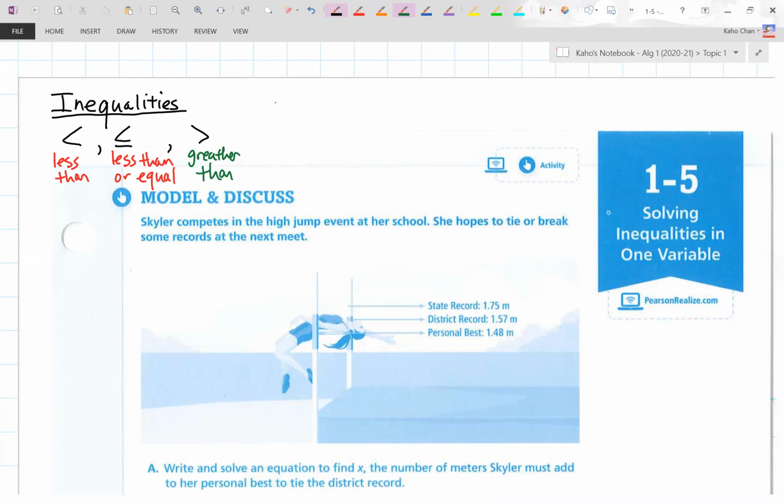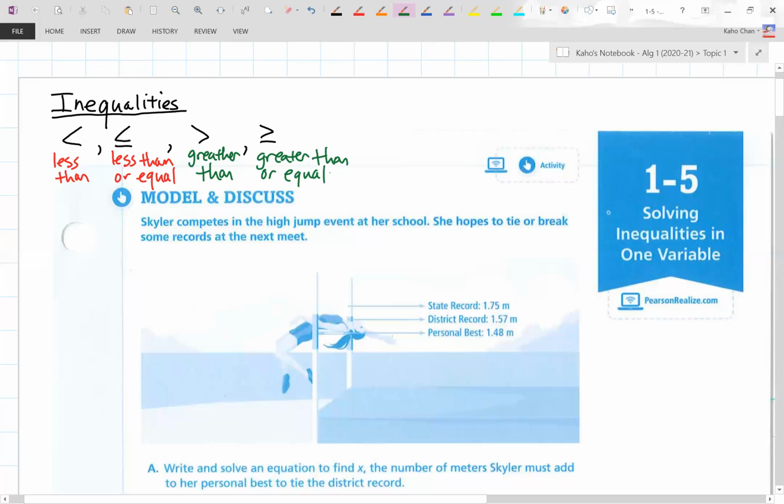And of course, if you put a little underline underneath there, it means greater than or equal to. I think we're ready. Hopefully, most of you have seen these symbols before in your previous math class.